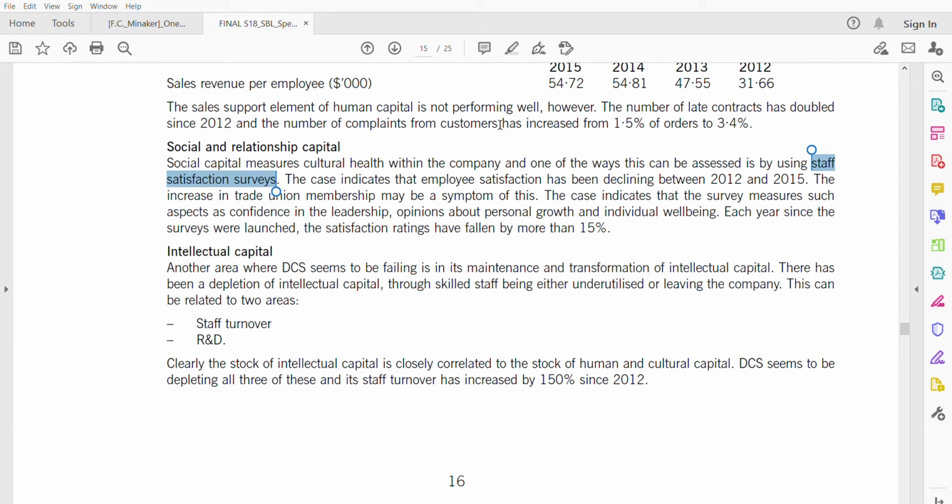You will know by how happy your staff are with the company. So by using a staff satisfaction survey, you know how the cultural health of your organization is. Staff are a key part of the culture of an organization. So that's why they're taking the staff satisfaction survey.